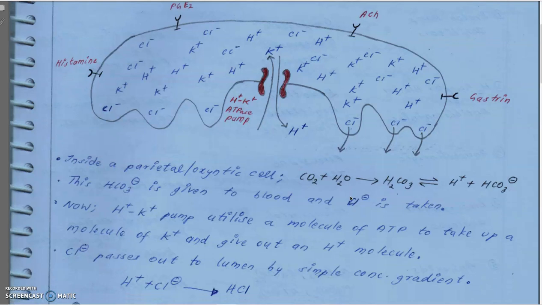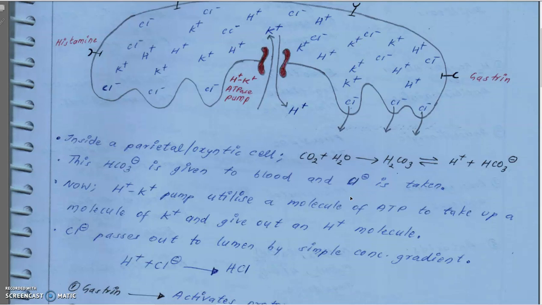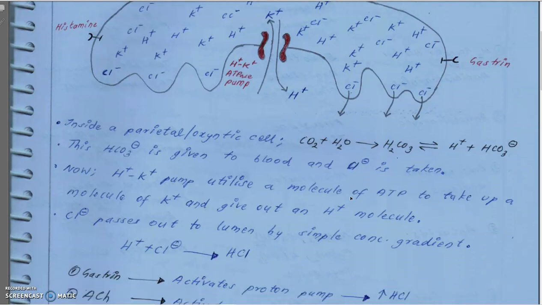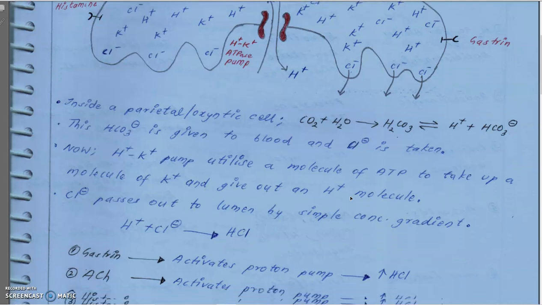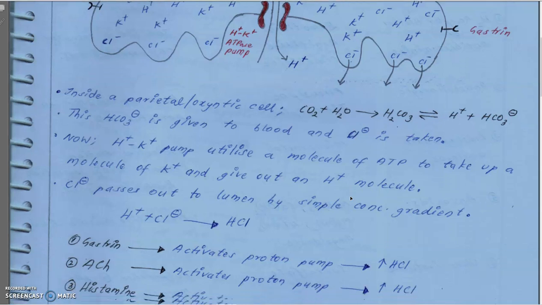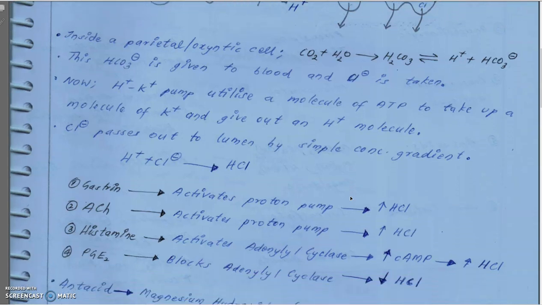So this H plus comes to the lumen, and also Cl minus comes to the lumen. So they combine to form the so-called hydrochloric acid, which is responsible for the acidity, against which we use the antacids. So this is how HCl is produced in the lumen of the stomach. So we'll move to the receptors over there and study about the receptors.